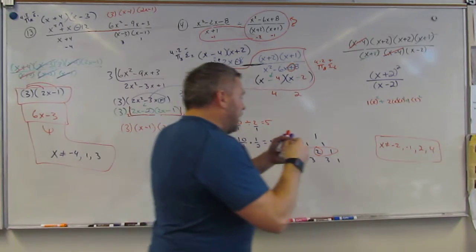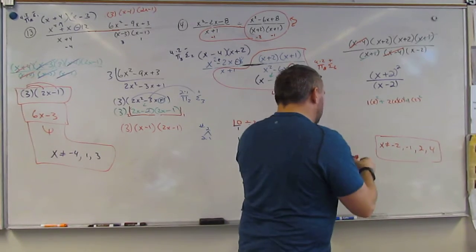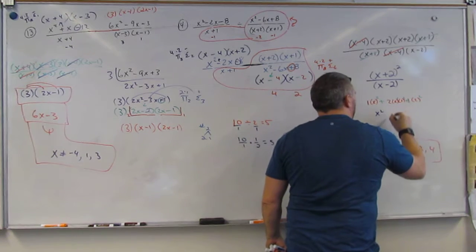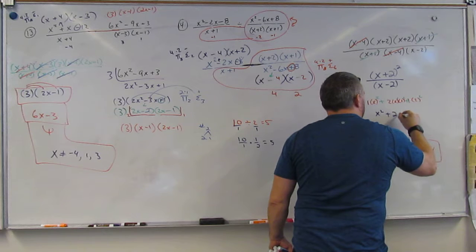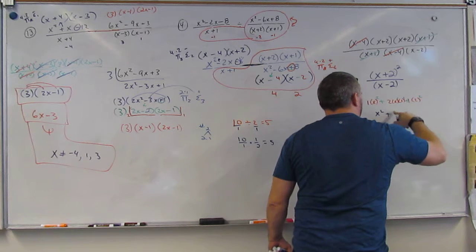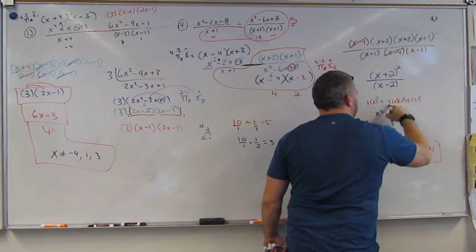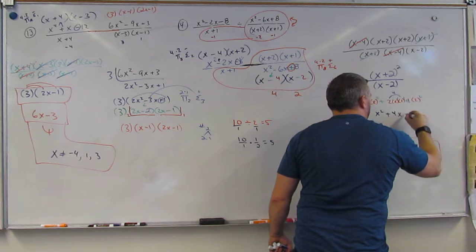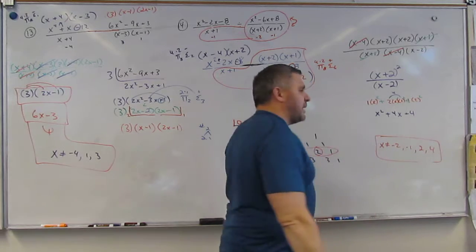Okay? And so what happens is we get x squared plus 4x, because 2 times 2 is 4, right? And then plus 4. Okay?